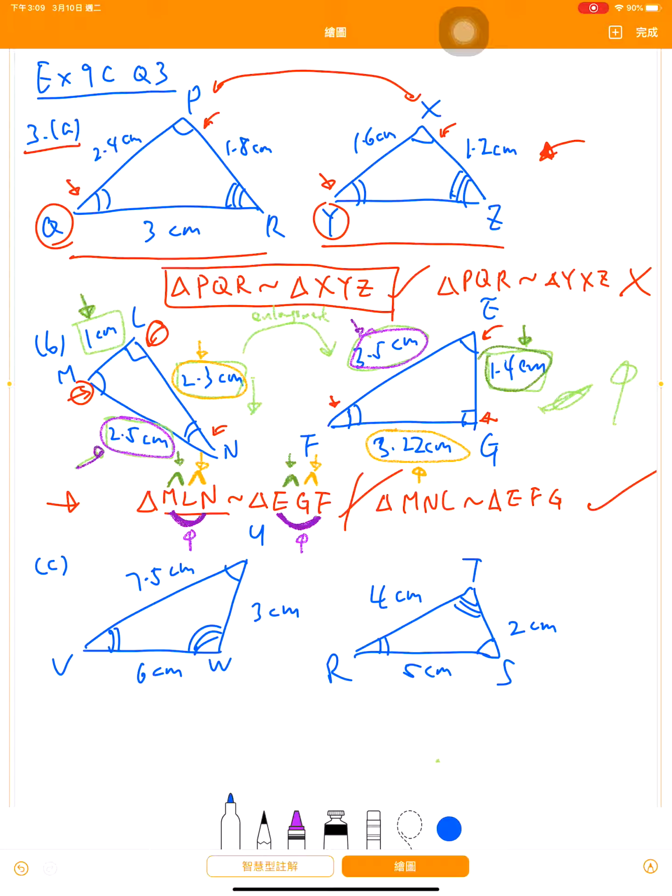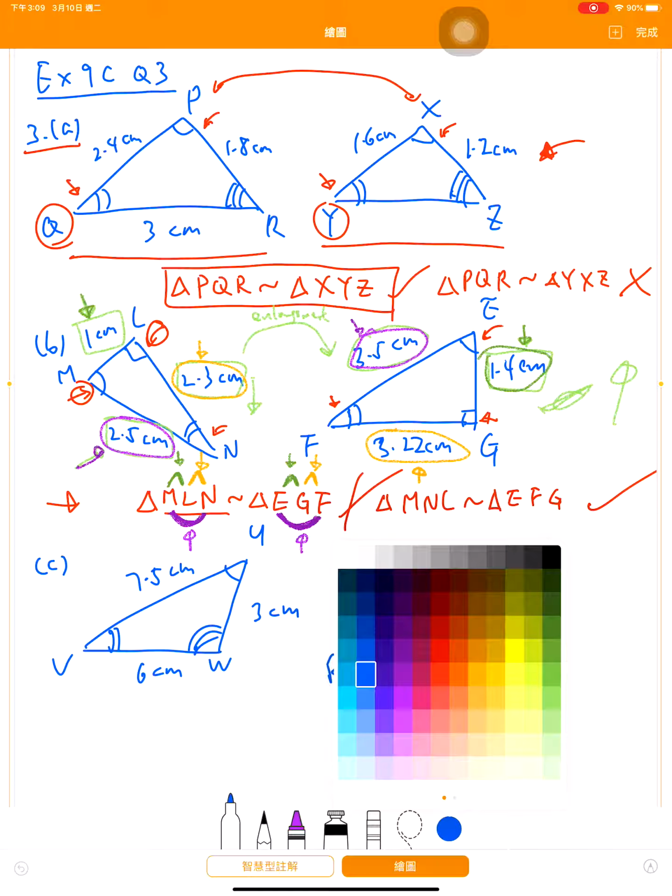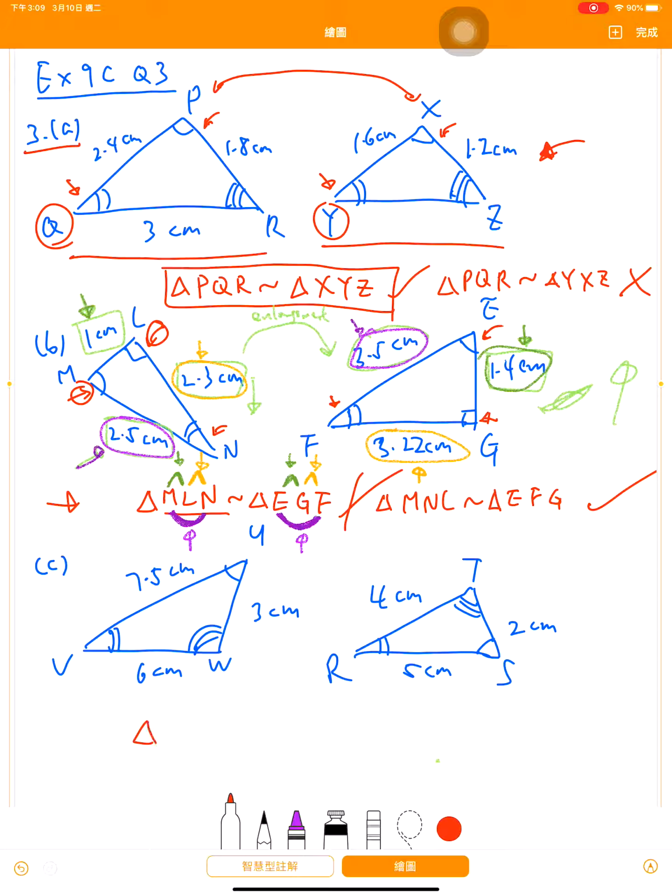Okay, so let's do part D together. If this time we use the angle, it is easy, right? Because the angle is already marked for you. But this time I try to use the size. For example, the shortest is this one, but you may ask, oh, this one is the shortest, do we write down UW or WU?